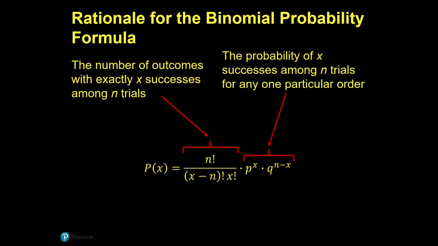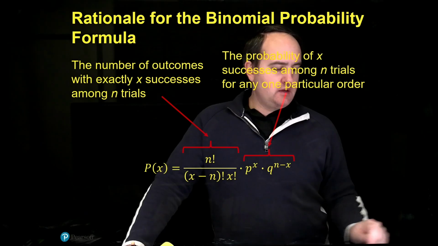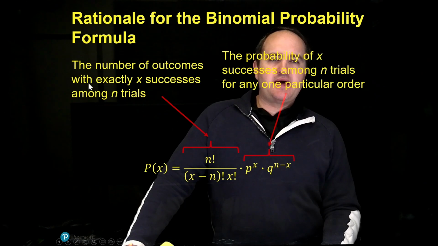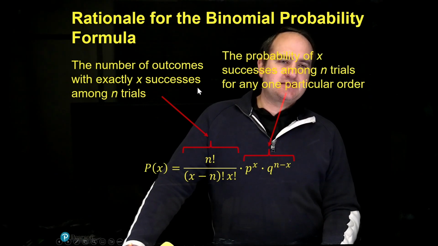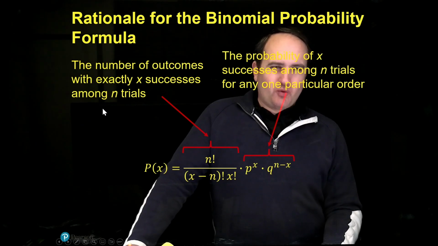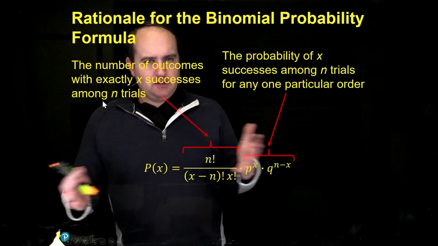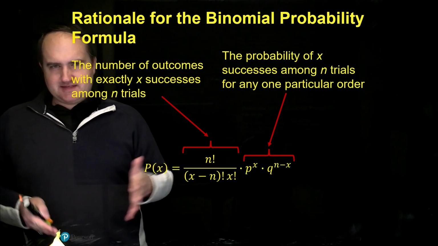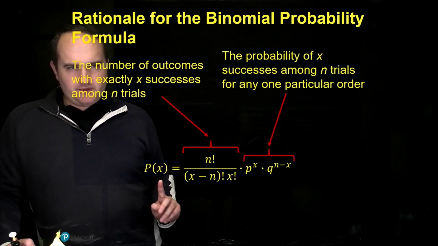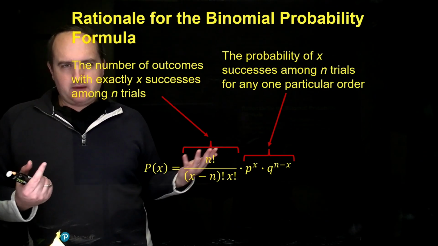So the reason this first part of the formula makes sense is that it's counting the number of outcomes with exactly x successes among n trials, because the order doesn't really matter. The order in which you have your successes doesn't matter because they're asking us to find the probability of x successes in n trials.